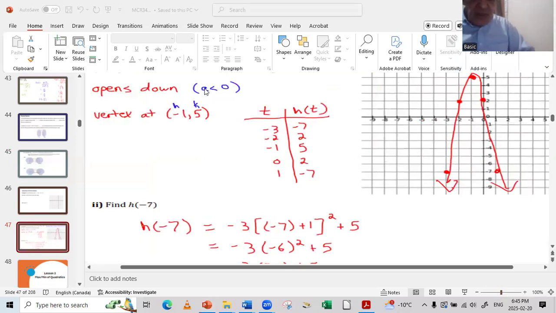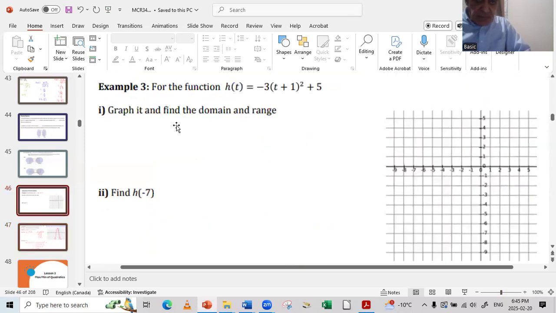Here A, because we say A x squared plus bx plus c, we put the form of any equation like this. I have the form before in the previous page. It is minus 3 (t plus 1) all squared plus 5. Let's say t plus 1 is x.